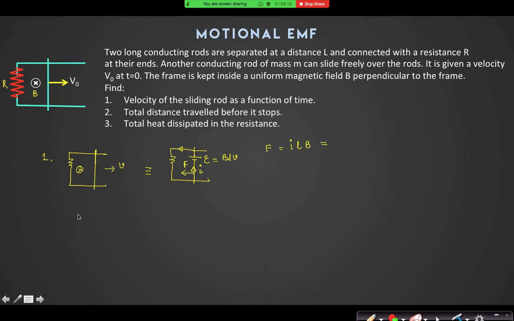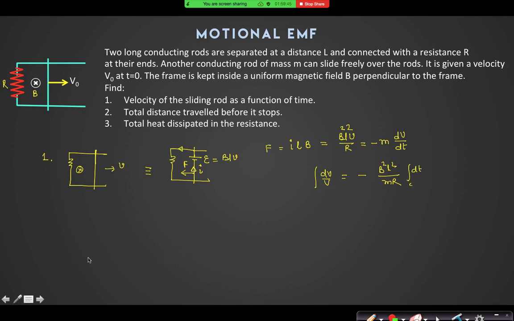I is equal to BLV divided by R, and F is equal to I into L into B. I can say that as minus of m into dv/dt. Why minus? Because it is opposite to the velocity. So dv by v is equal to minus B square L square by mR into dt.